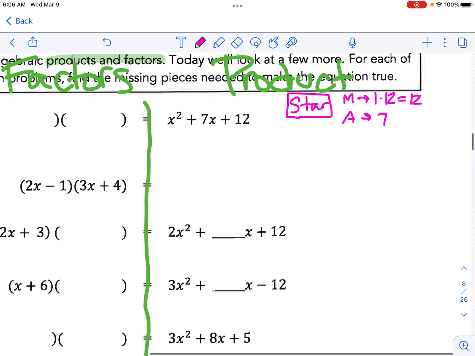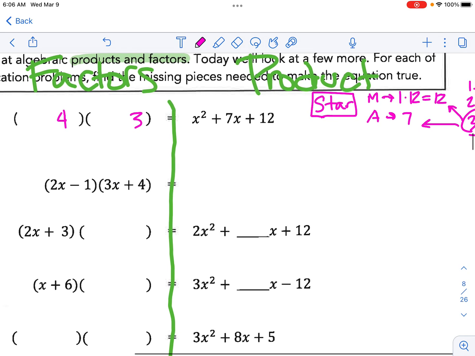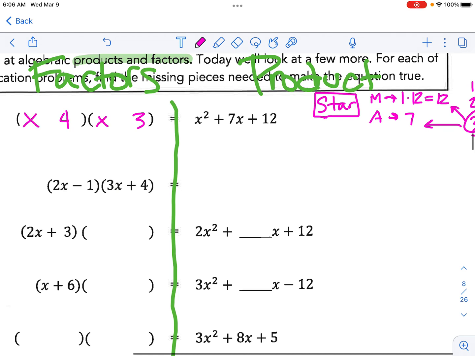And so given our options, this one satisfies both, so that's what goes into the brackets, the 3 and the 4, and since we have a coefficient of 1, we know it's just x and x.